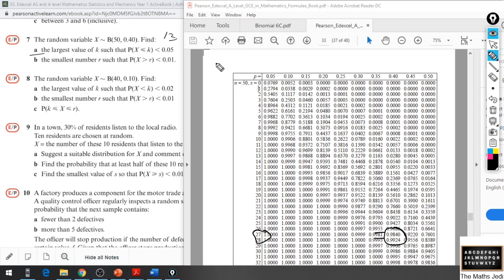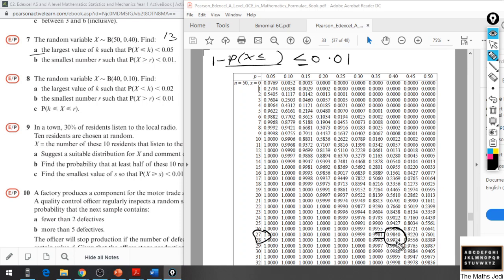Now, a reminder that probabilities have to add to 1. What we're really looking at is this. We're looking for the probability that is cumulatively to the value where it is less than 0.01. Now, for this to be less than 0.01, we need this to be more than 0.99.